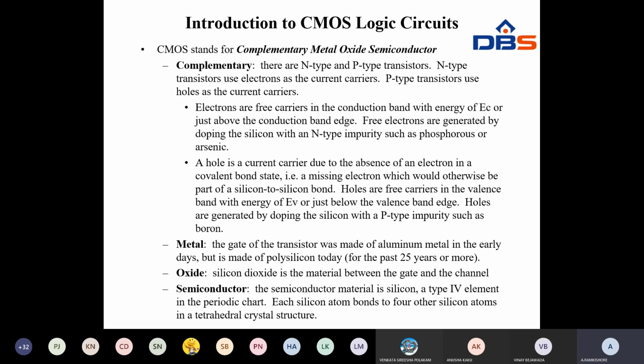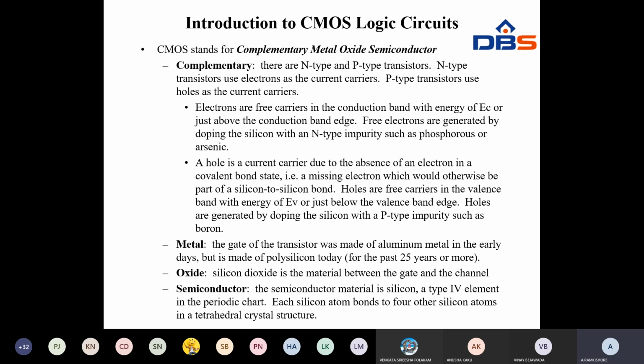Free electrons are generated by doping the silicon with an N-type impurity such as phosphorus or arsenic. You studied these in earlier subjects. In N-type, the majority carriers are electrons, and in P-type, holes are the majority carriers, acting as current carriers.